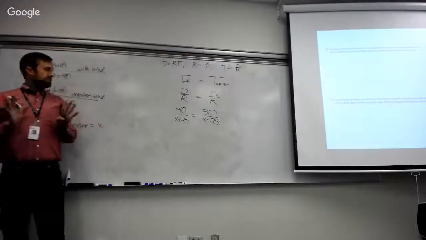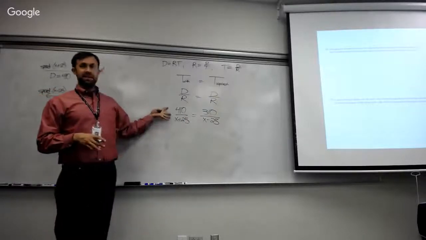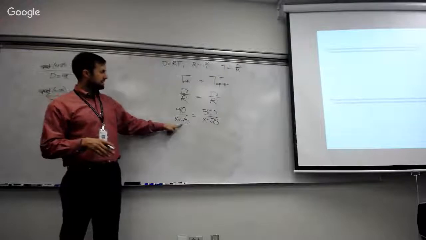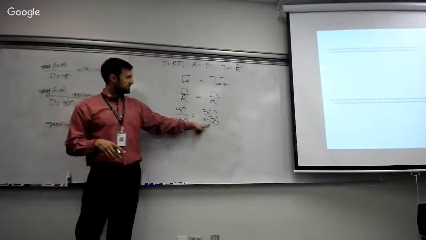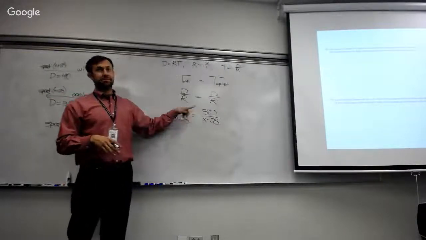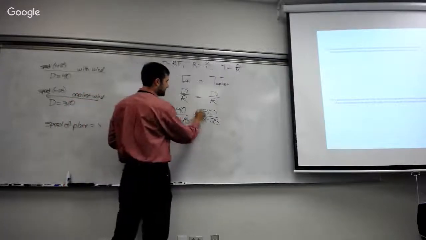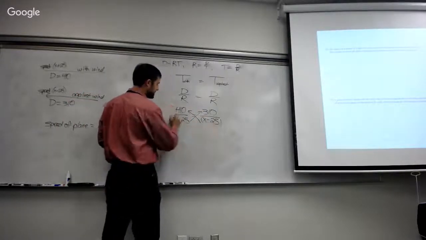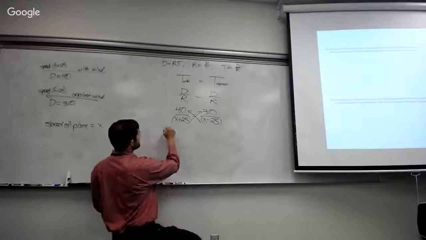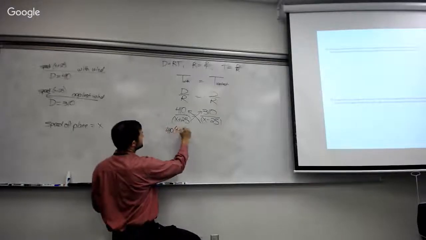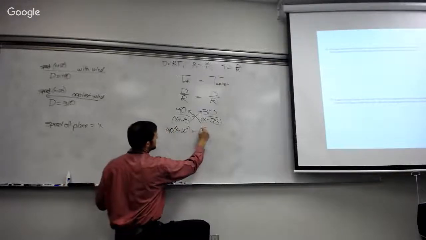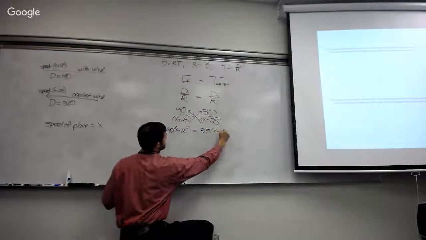And again, as you're doing the problem, you might check to see that it makes sense, right? Because if your rate is faster, you're going more miles. If your rate is slower, you're going less miles. So you can check. Okay, so then we cross multiply. I hope you put parentheses around those first. And we have 410 times (x minus 25) equals 310 times (x plus 25).